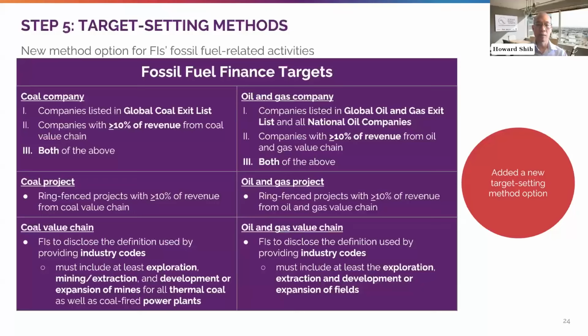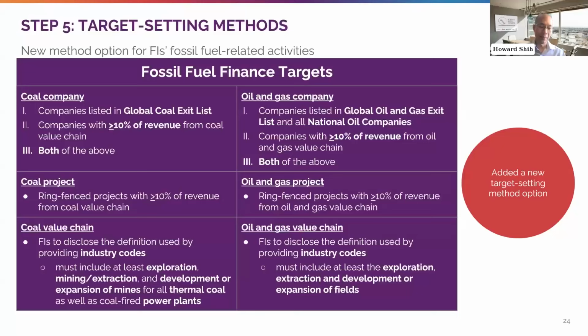And before we get to the 4 groups of criteria, we'll just set a baseline in terms of some definitions. So in the criteria document, you'll see a table 2 that does have more details about the boundary and the scope of this method. But just as a baseline, for coal companies, FIs will need to define those as companies listed in the global coal exit list.